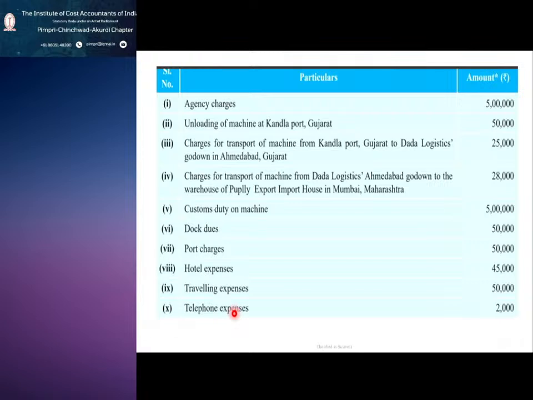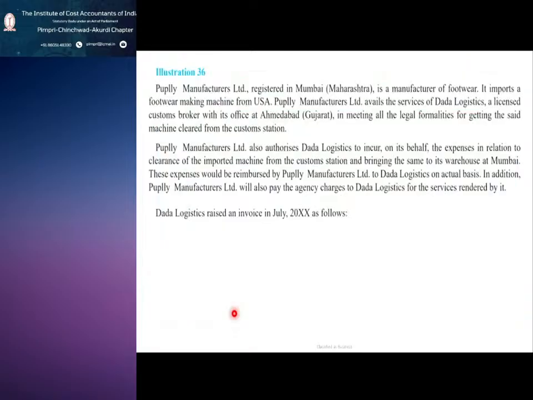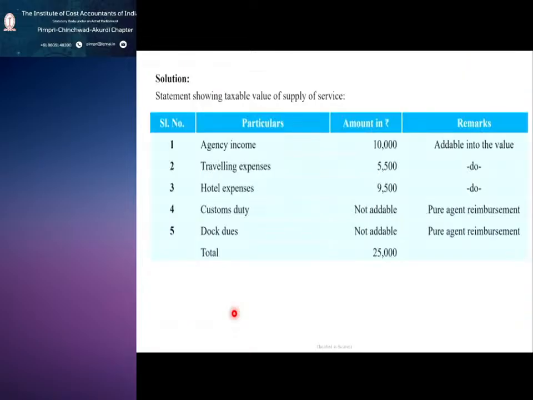When he raised the invoice, if I am a pure agent, the customs duty amount, which I need to get from this company, we call it a pure agent reimbursement. I need to pay directly to the authority, but instead of me, he has paid the authority and cleared the goods. That is pure agent reimbursement.